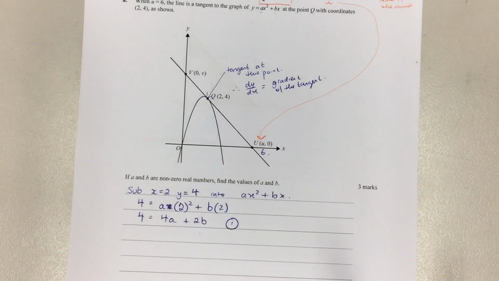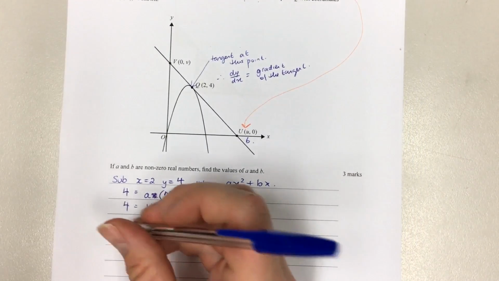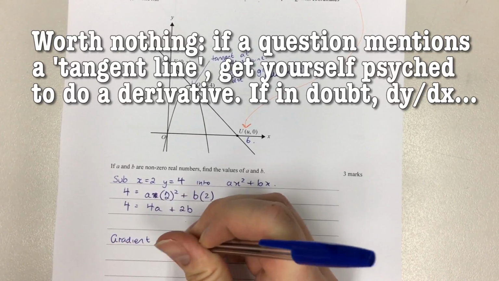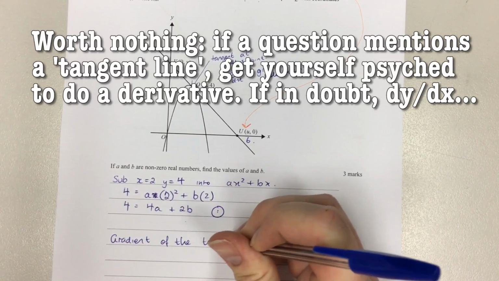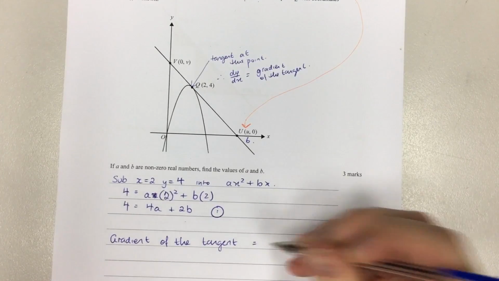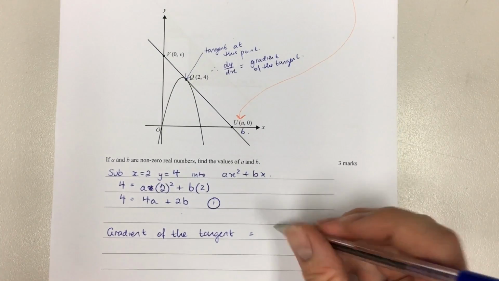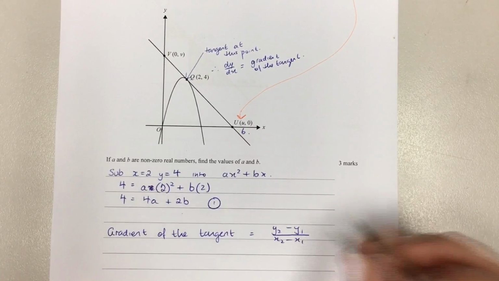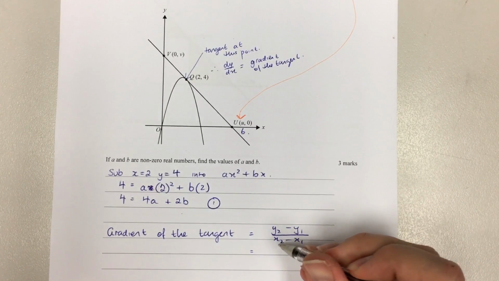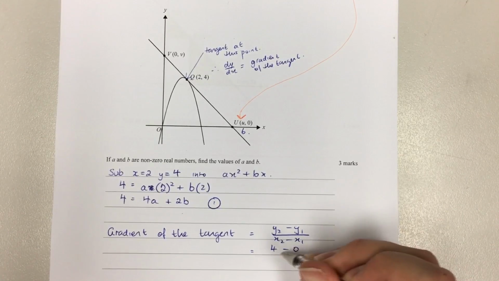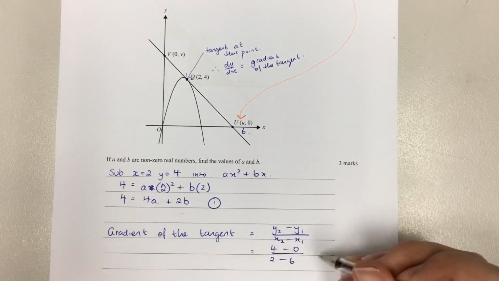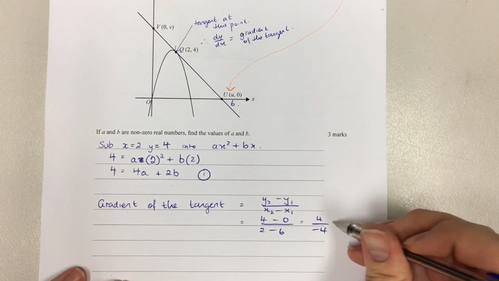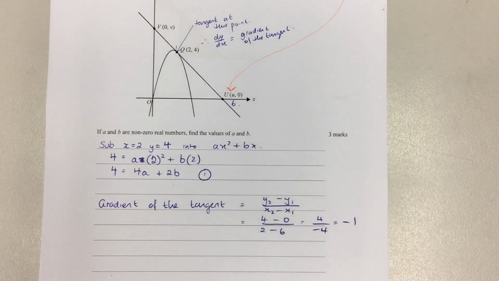So what we'll do is find the gradient of the tangent. The gradient of the tangent is equal to y2 minus y1 over x2 minus x1. So this would be 4 take away 0 over 2 take away 6, 4 over negative 4, which is equal to negative 1. Oh, well, that's handy.